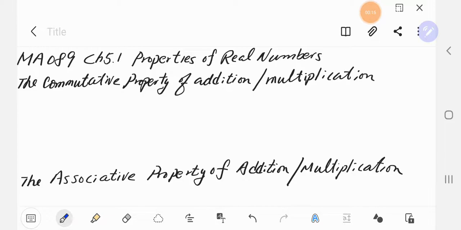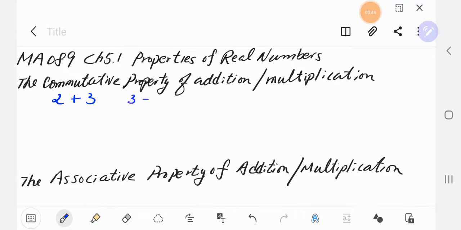Commutative property means, here's an equation. Let's say there is an example expression a plus b. Well, let's use numbers first. If there's a number expression 2 plus 3, 2 plus 3 is 5, right? But is it also okay to switch these, interchange these two numbers, 2 and 3?